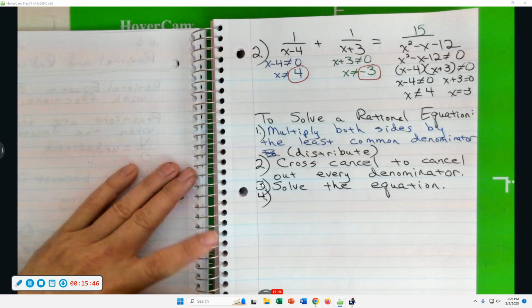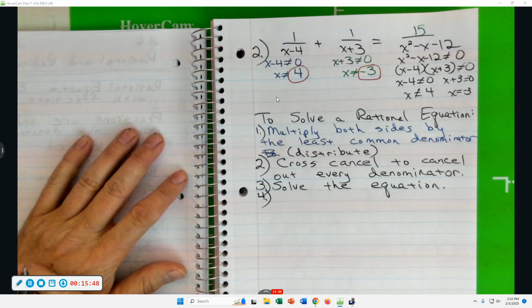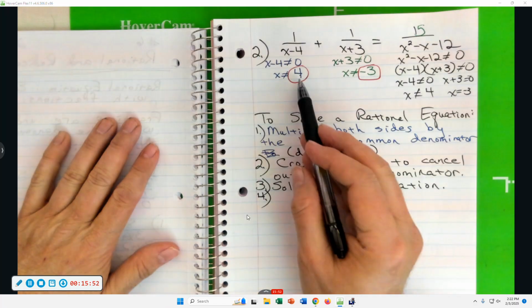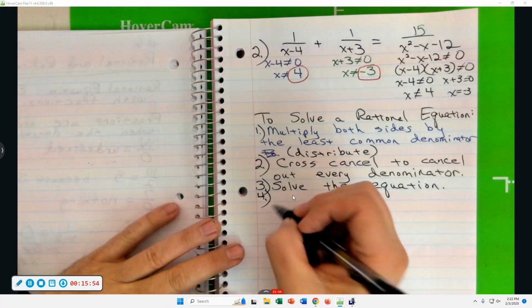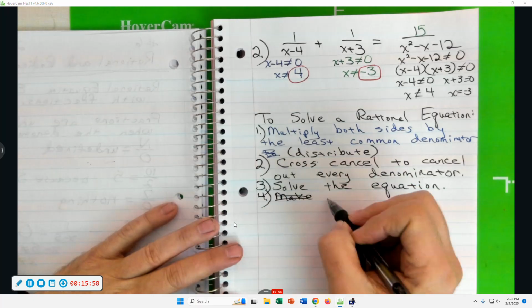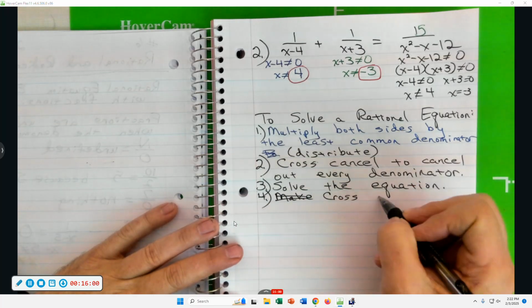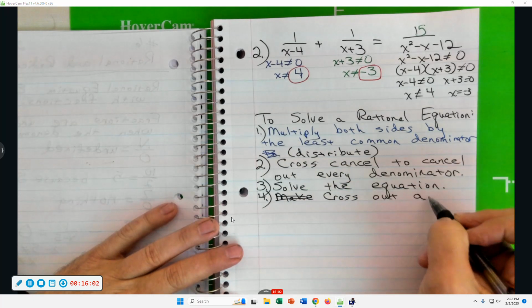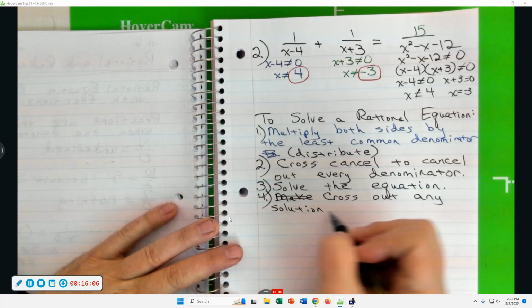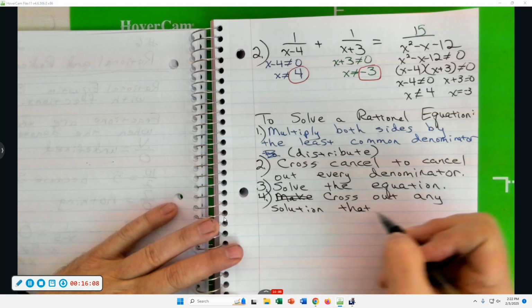And step number 4, you have to make sure that the solutions you get don't give a denominator of 0. So I'll say cross out any solution that gives a denominator of 0.